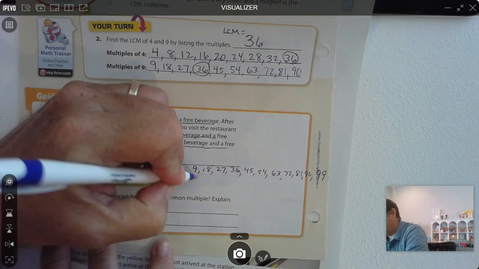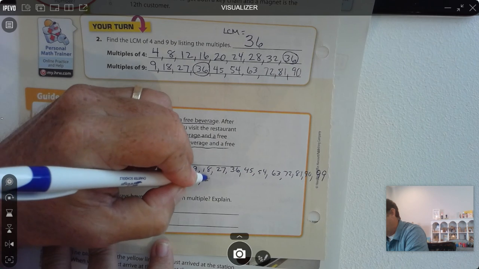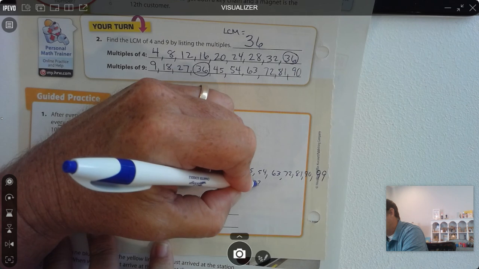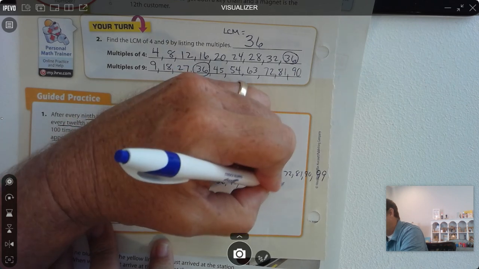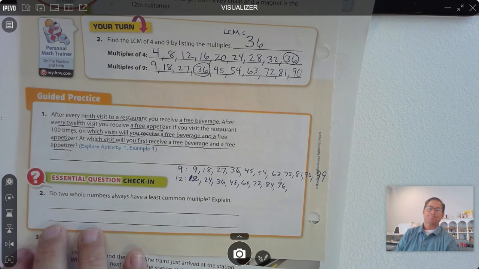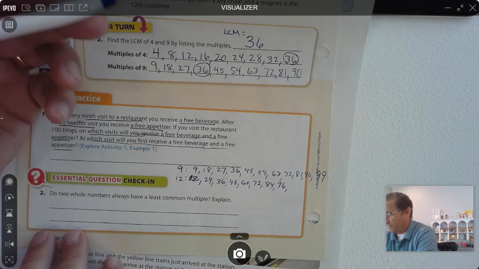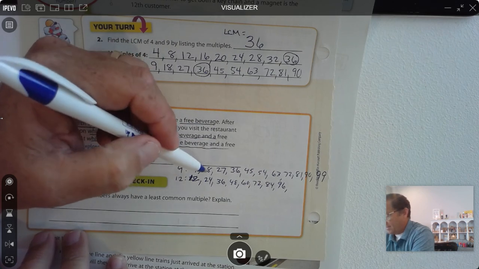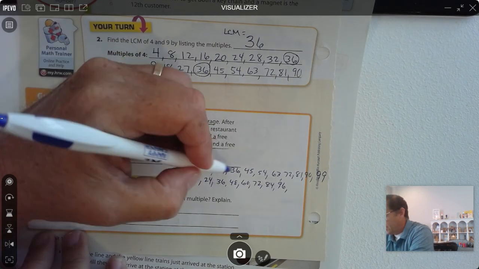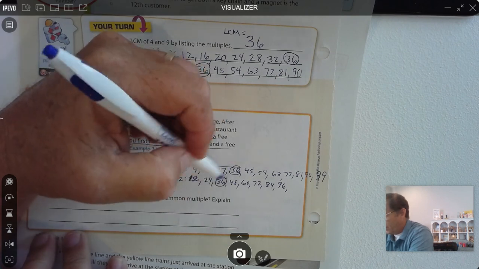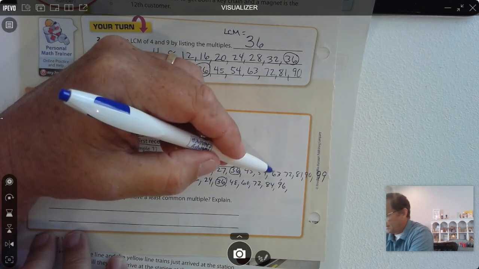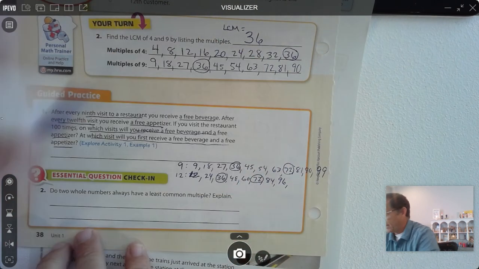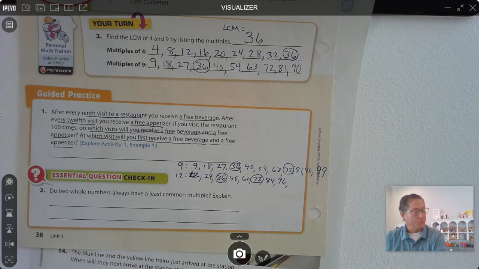Okay, 12, 24, 36, 48, 60, 72, 84, 96. All right, let's circle multiples that are in common. 9's not in common, 18's not in common, 27's not, 36 is. 45 is not, 54 is not, 63 is not, 72 is. Okay, so just 36 and 72.